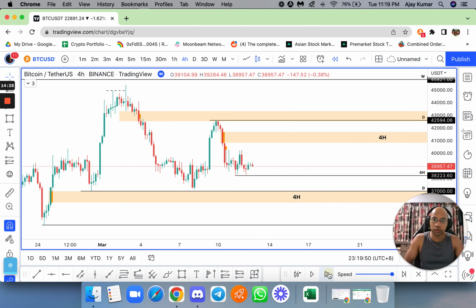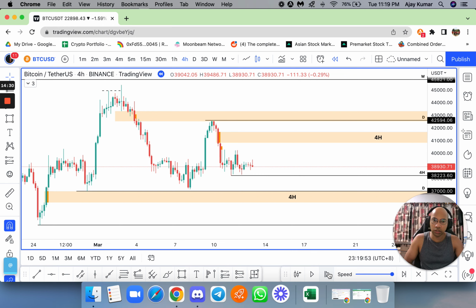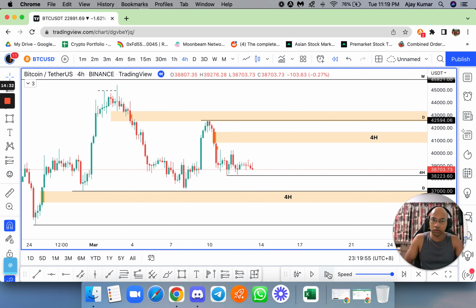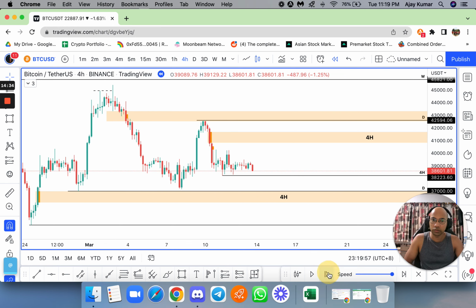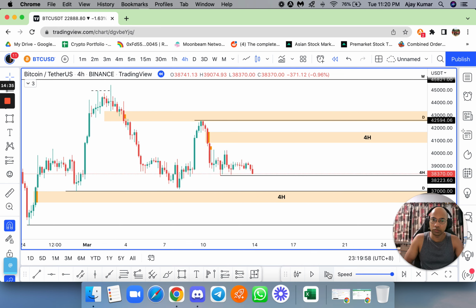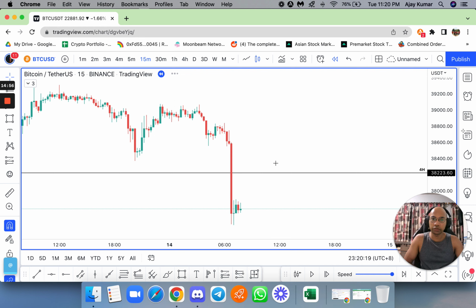Oh, it's going. Okay, it came down. Took some time. Took a few days. It came down to take the liquidity. Now it might reverse or it might come down again. Okay, so at this point, I would like to go to the lower time frame and see what's happening.